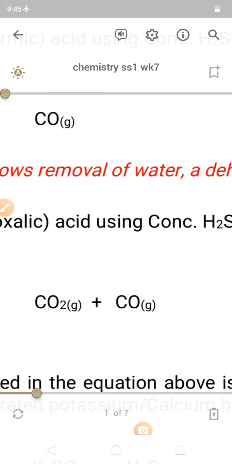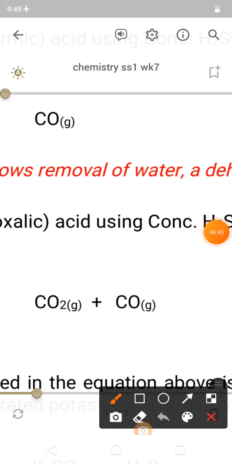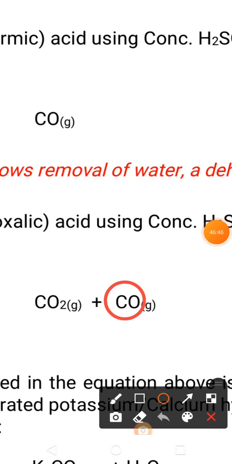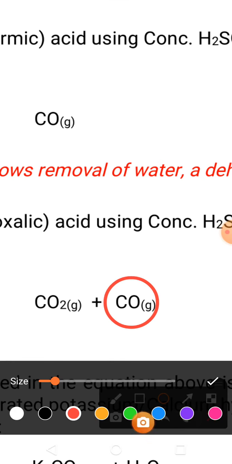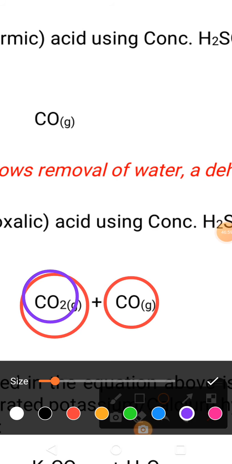But is this CO that we need? So how do you remove this CO2 here? To remove this CO2, you just pass it through sodium hydroxide or potassium hydroxide or calcium hydroxide.